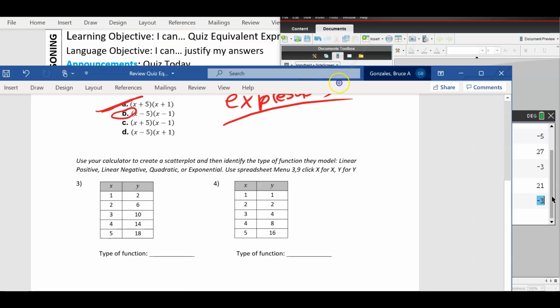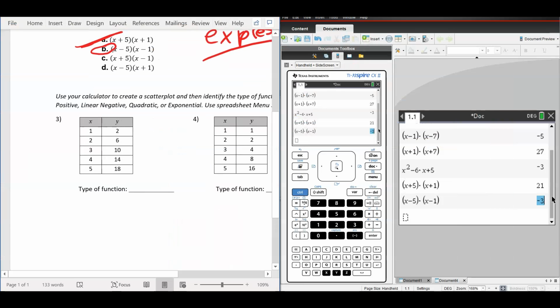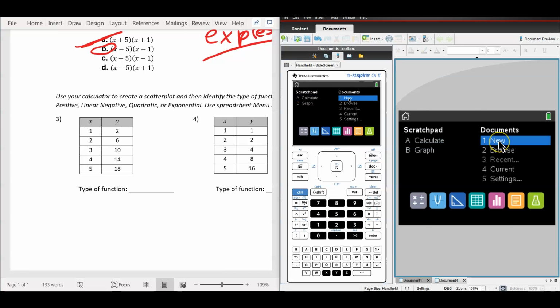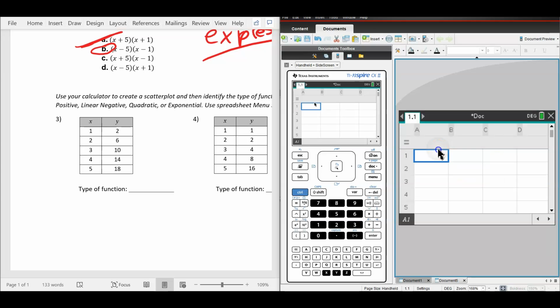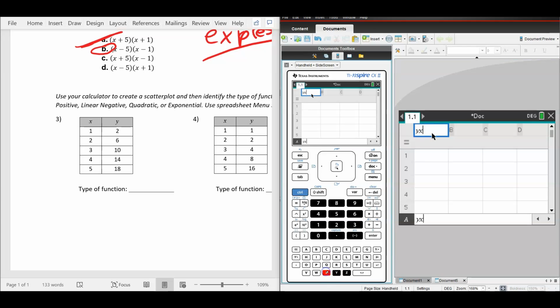Everybody, number 3, let's go ahead and type this into spreadsheets, okay? Go ahead and turn your calculator on. Okay. New document number 4. We need to go to a spreadsheet. Okay, X on the top, Y on the top.